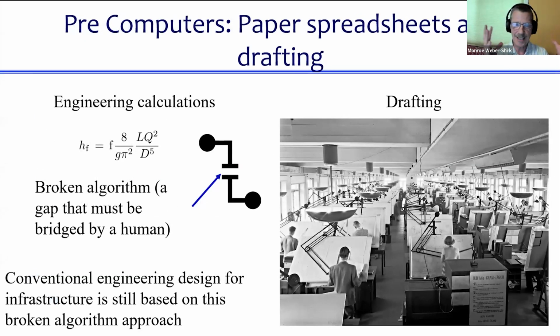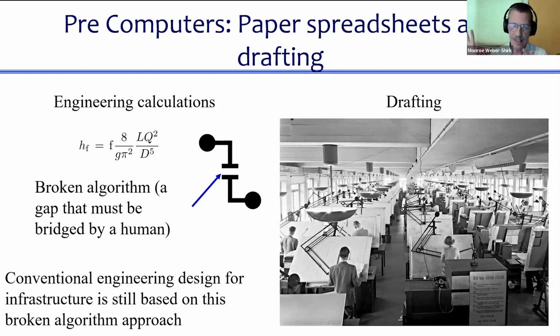So what are these links that we were looking for that Onshape finally helped us connect? If you think about the history of design, before we had computers, we were using paper spreadsheets to do calculations, all the engineering calculations.